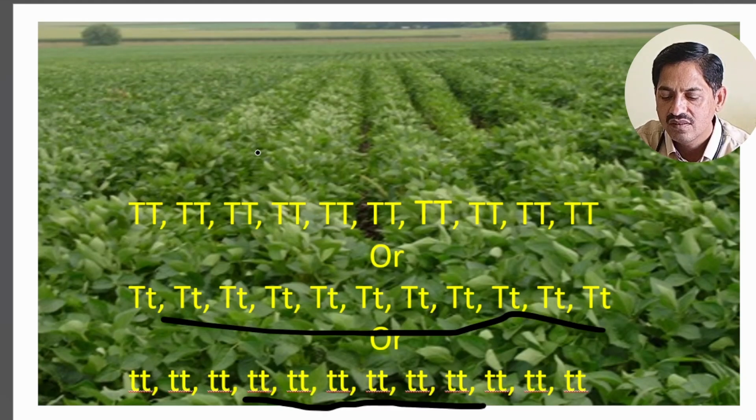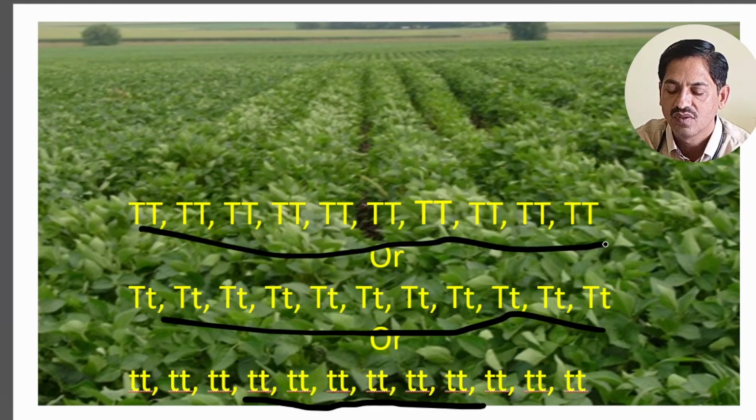Whatever population is available here, that population has such a type of genotype. Suppose you take the example of this one or this one or this one.